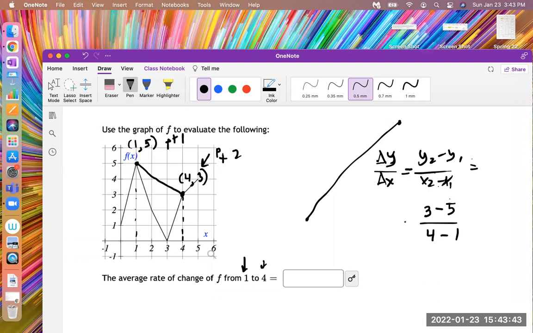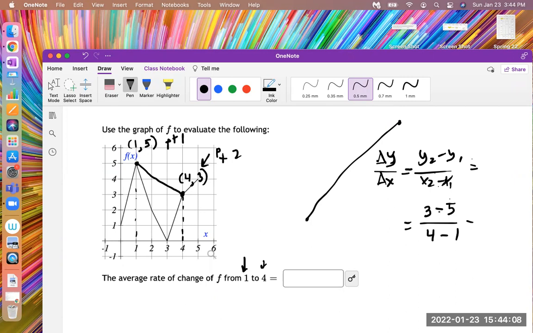This little formula is really tricky to get right. It's really easy to switch numbers, so I have to really focus when I'm doing this. I'm taking the y value from the second point, subtracting the y value from the first point, so 3 minus 5. And then I'm taking the x value from the second point and subtracting the x value from the first point, so 4 minus 1.